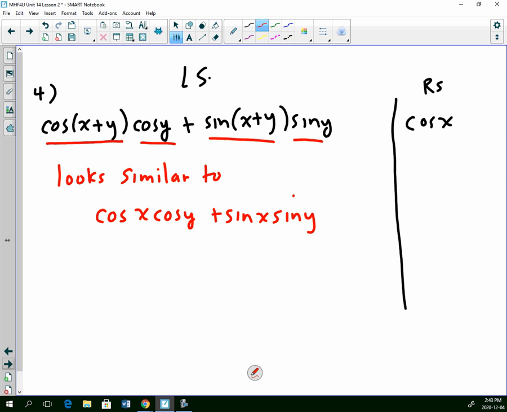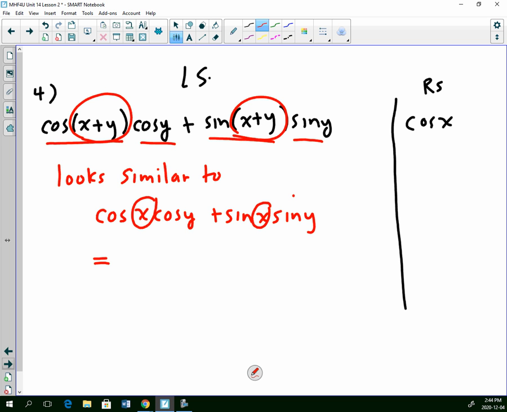Right? The only difference is that instead of x, we have this bracket. Other than that, it's the same. So it's cos x cos y plus sine x sine y, but instead of x, there's a bracket x plus y, but it's the same in both.